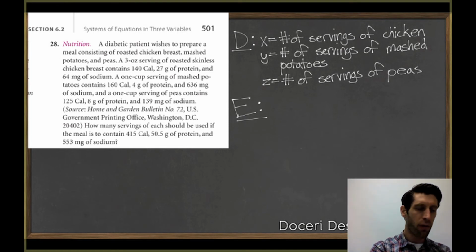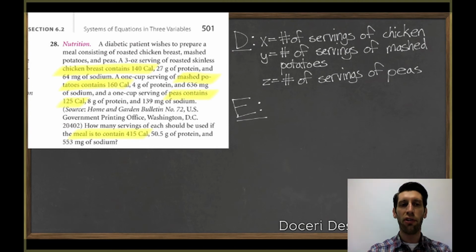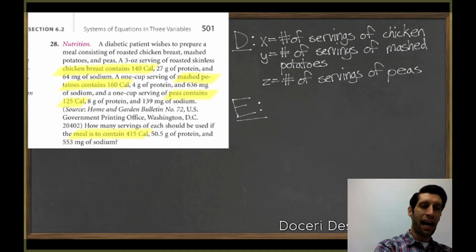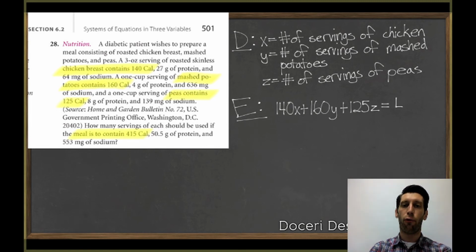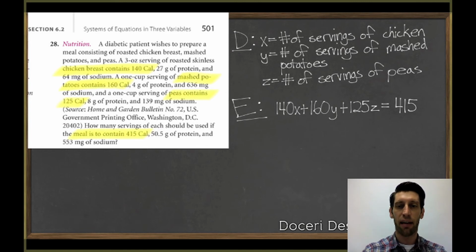So, looking back at this problem, you'll notice that I have a bunch of information about calories. So my chicken breast contains 140 calories per serving, mashed potatoes 160 per serving, and finally my peas contain 125 calories per serving. So I'm going to write down my calorie equation as follows. 140 times the number of servings of chicken plus 160 times the number of servings of mashed potatoes plus 125 times the number of servings of peas is going to give me a total desired number of calories as 415 calories.